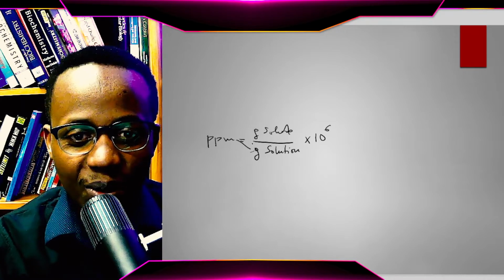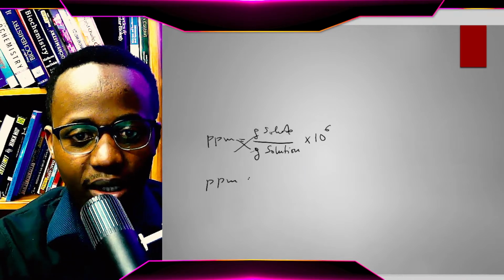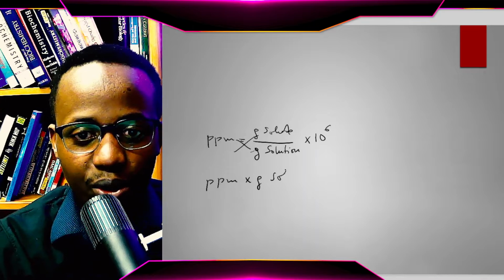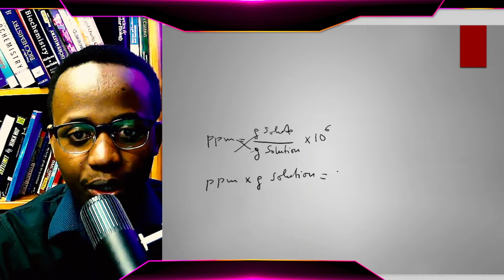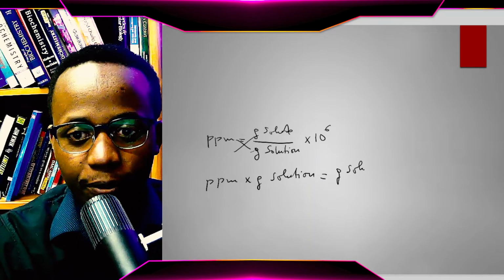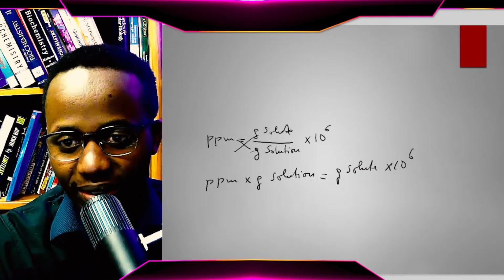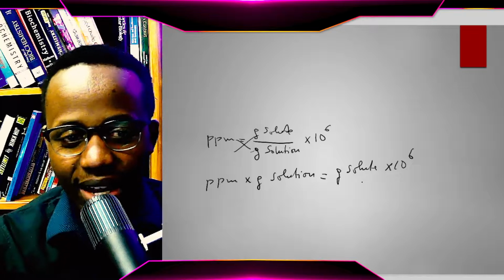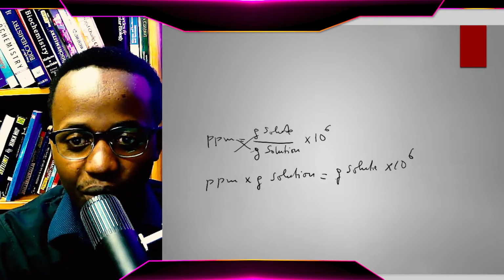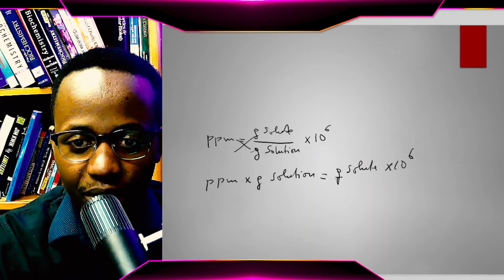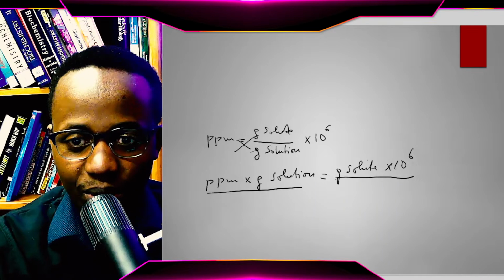Well, cross multiplication, that gives us ppm times the grams of solution is equal to the grams of solute times 10 to the 6, right? That's the cross multiplication. And then from there, you can solve for grams of solute by dividing both sides by what's next to grams of solute.